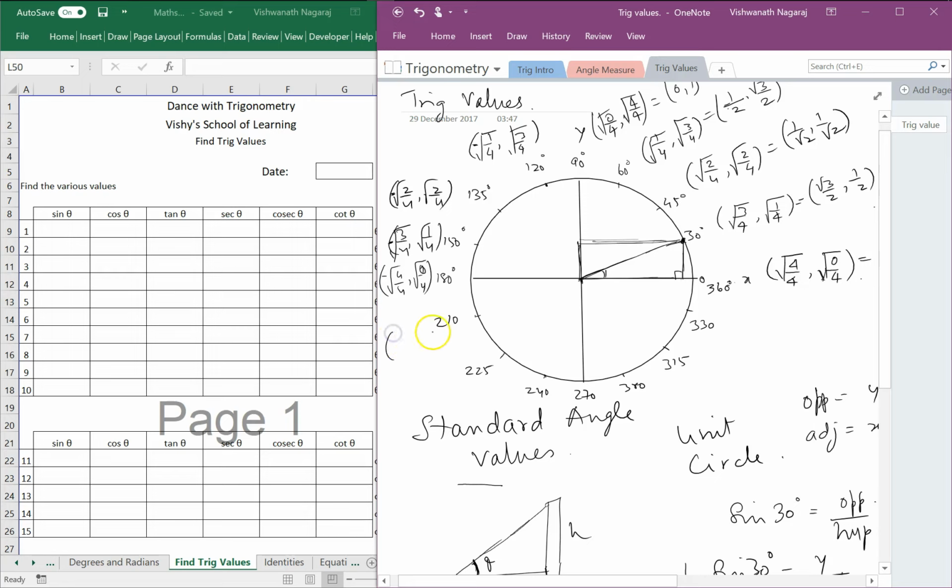Okay, now here what happens? Here x is also negative, y is also negative, which means both of them will be negative. So square root of 3 by 4 comma 1 by 4, both will be negative. Okay, let me remove this so that we have some space.